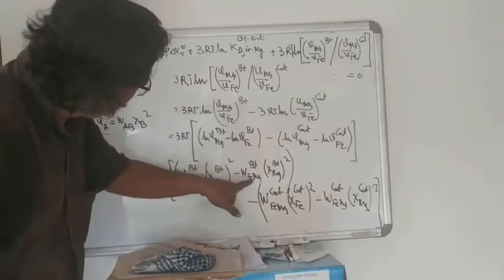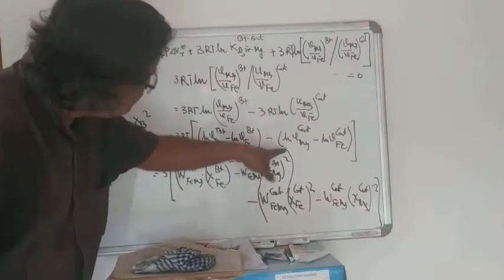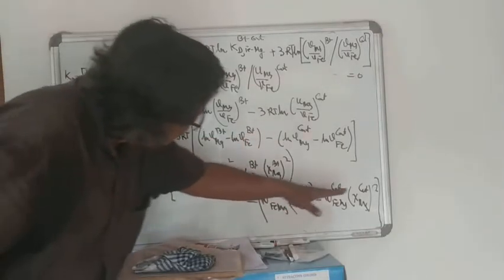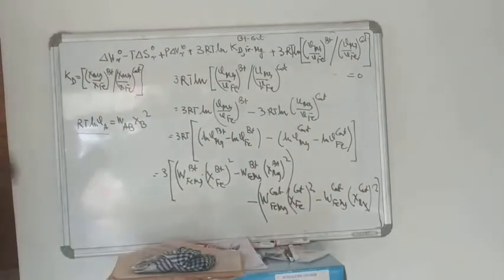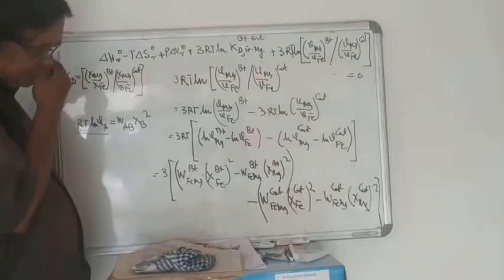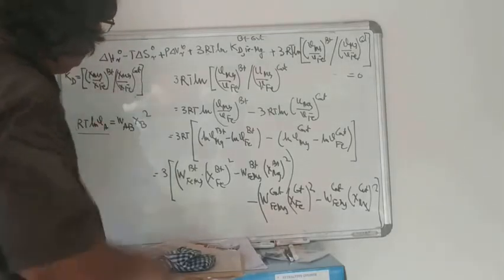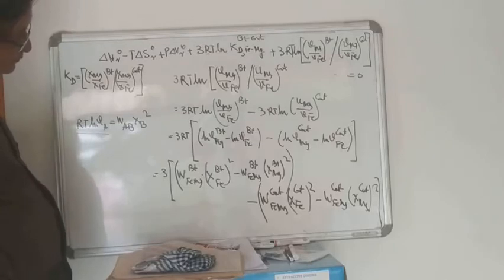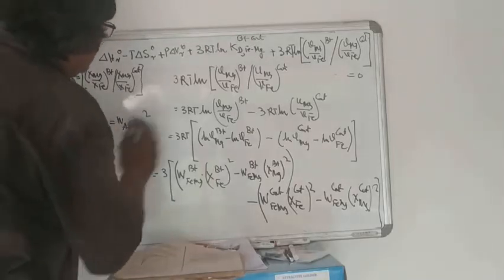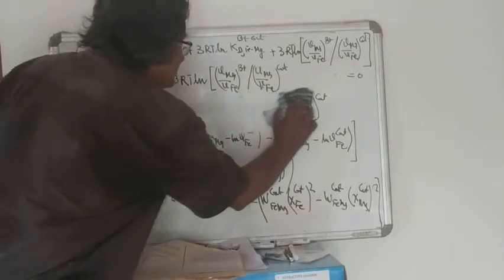This one will be W_FeMg biotite X_Mg biotite squared, and similar for the garnet. I give you 1 minute to look at it. So if you do this, then let's erase this.